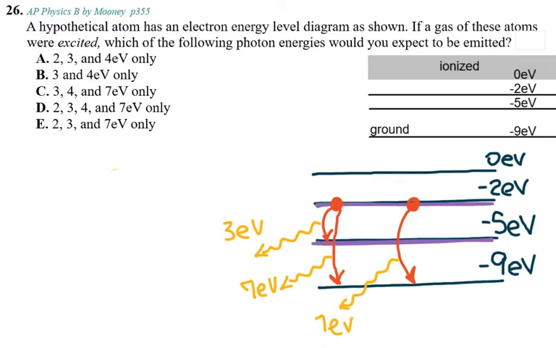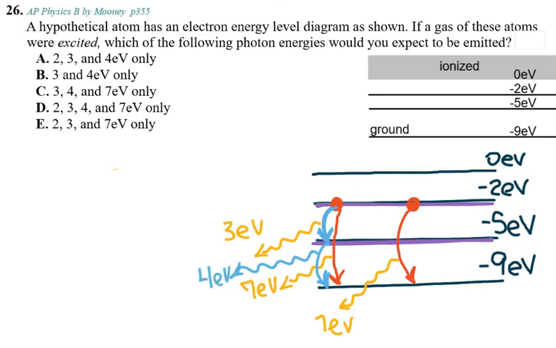And if the electron went this path to get to the ground level, the electron has to jump one more step right here. And then in this case, the electron would emit 4 electron volts.